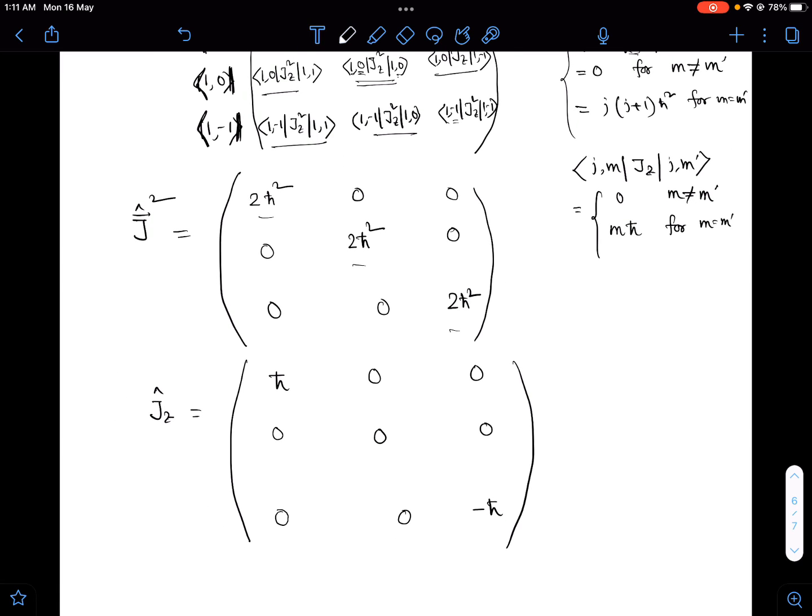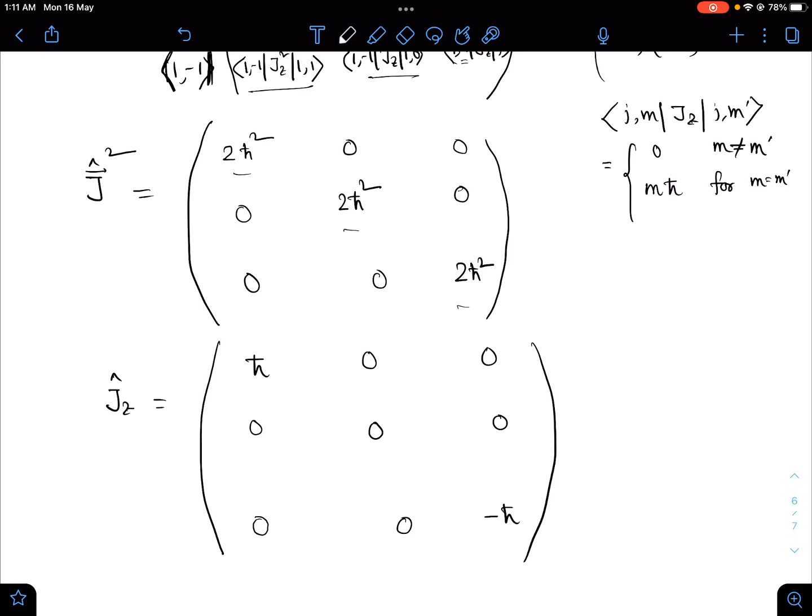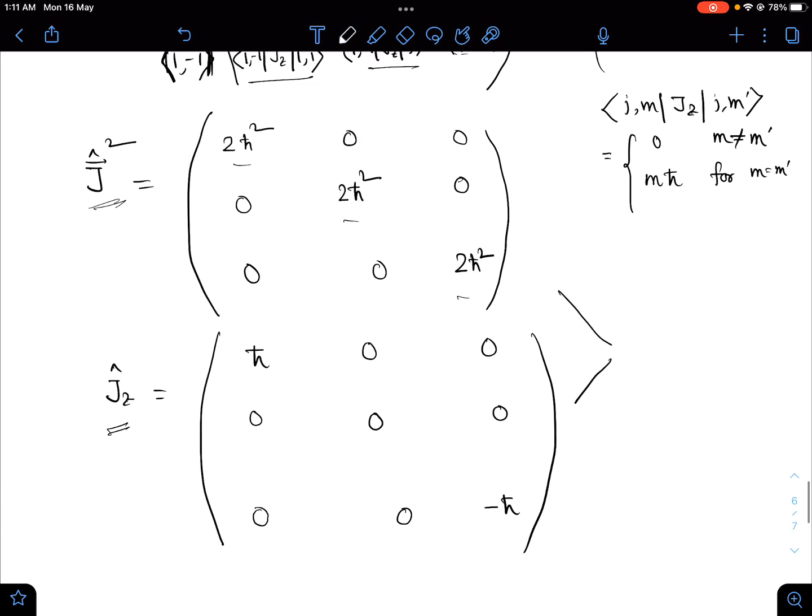If you look carefully, you can see that jz squared and jz are already diagonalized.